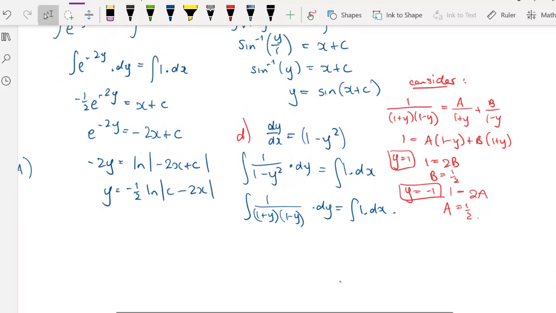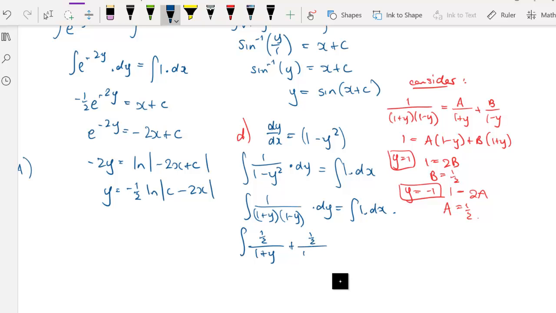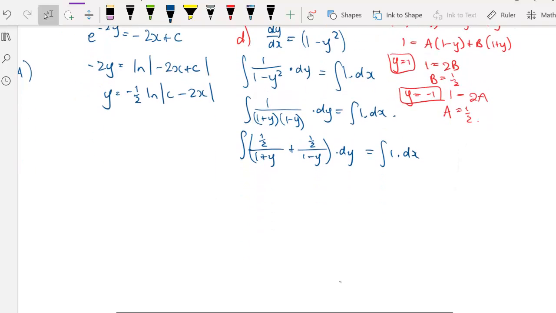So if we now fit this into our solution, we've got the integral of a on 1 plus y, which means we've got 1/2 on 1 plus y, and b on 1 take y, so that means we've got 1/2 on 1 take y, dy is equal to the integral of 1 dx.